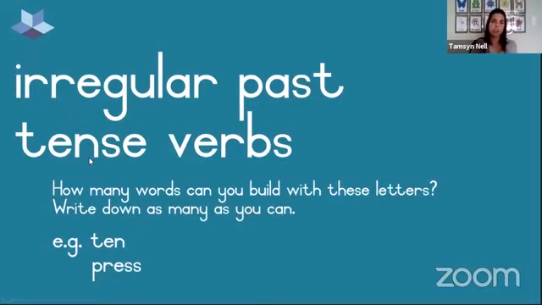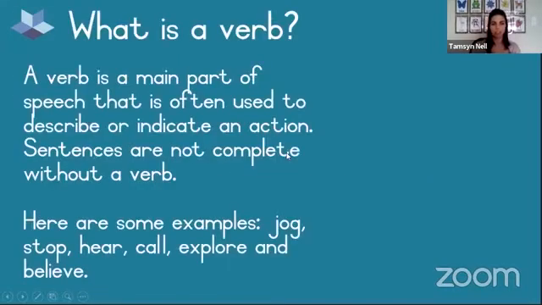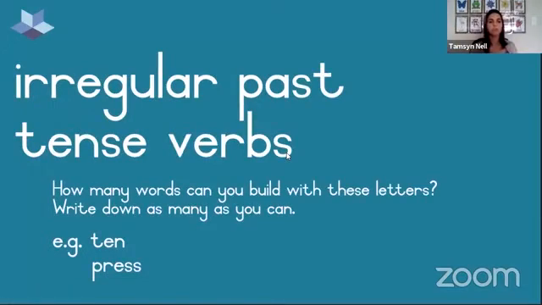Then for the older ones, you can also see there's bigger words in this, and there's quite a lot of letters, so you should be able to make big words. Press. So there's the P, the R, the E, and there's 2, actually there's 3, but there's 2 for the end. Oopsie. Okay, so see how many words you can make using those letters, irregular past tense verbs.